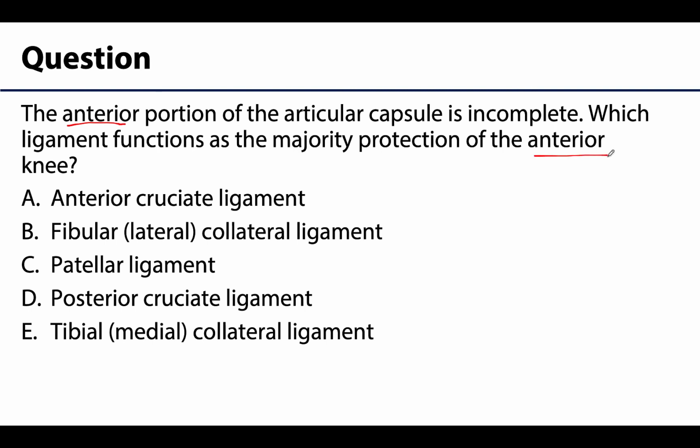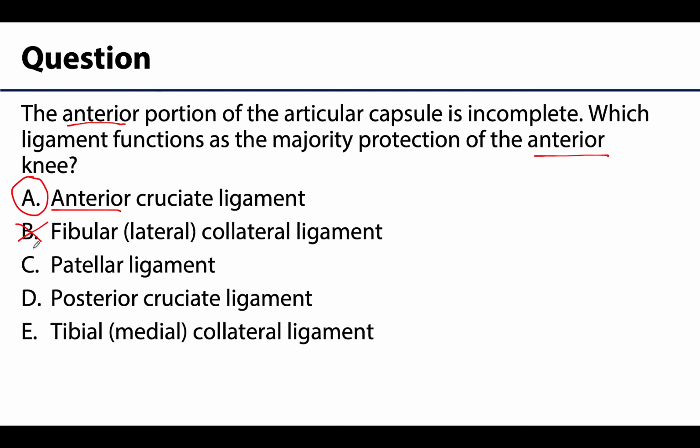So we can go through these ligaments and see, do these make sense in terms of providing protection to the anterior knee? The anterior cruciate ligament has anterior right there in the name, so we might want to keep that one around to consider more. Fibular or lateral collateral ligament is a collateral ligament, so those collateral ligaments are always going to be on the sides. So not so much in terms of an anterior protection, so we're not going to go with this one.